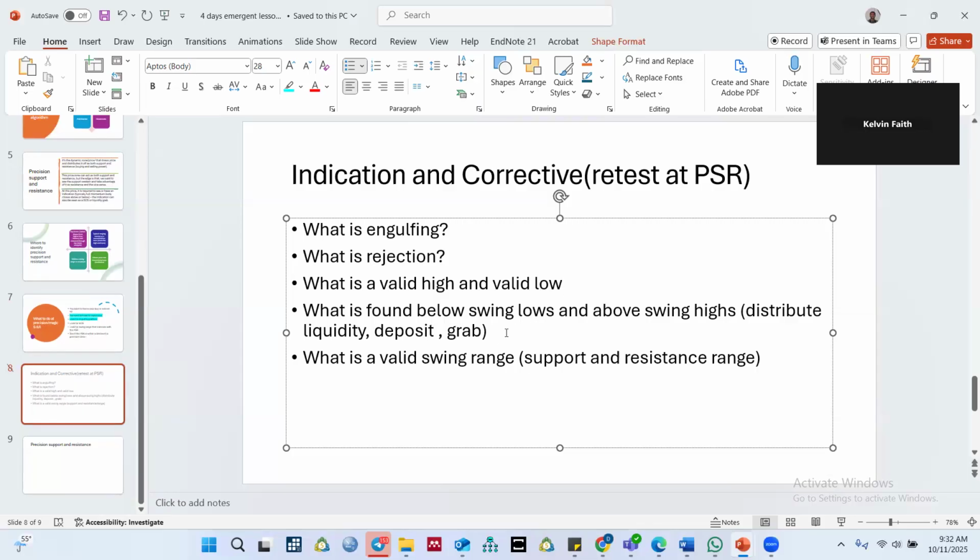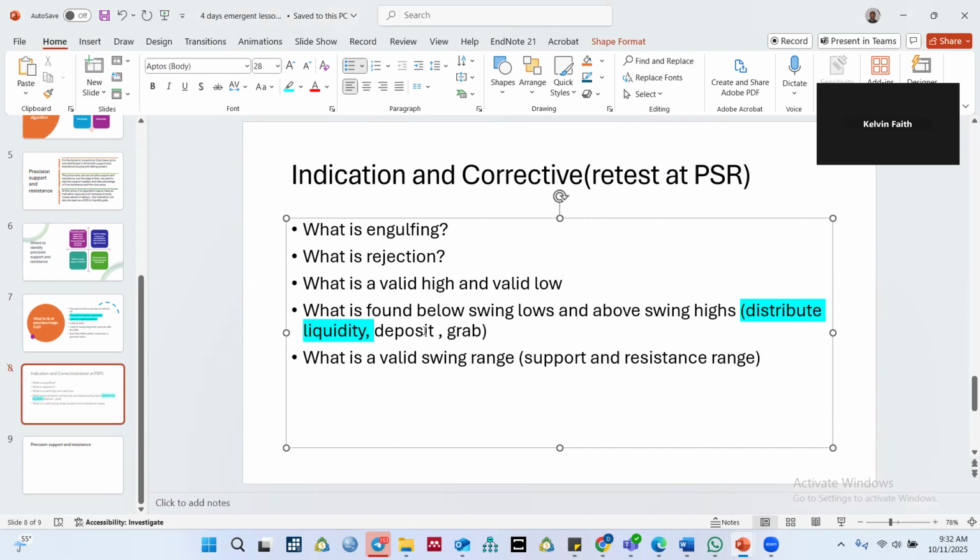Around swing lows and swing highs, or reference highs and reference lows, what is there? Why does price create those spots on the chart? It's because price will want to either distribute liquidity from those places, or price will want to go and deposit liquidity there.